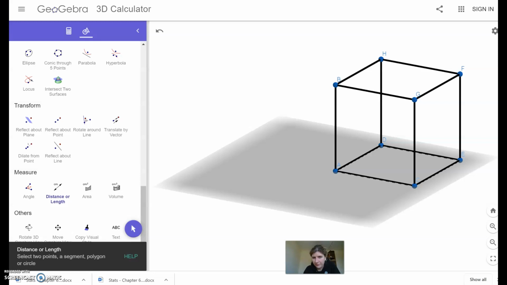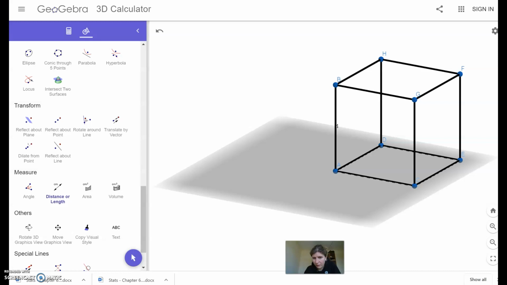My cube has a height of 4, a bottom length of 4 as well, and a back length of 4. So its dimensions are all 4, and from there we can do some working out.